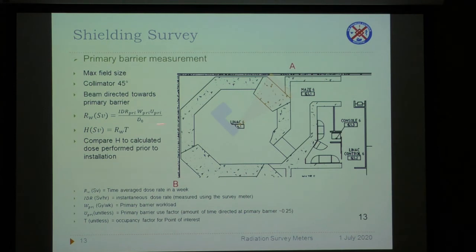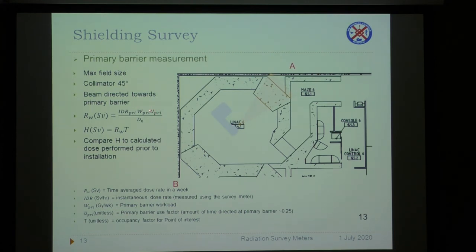Then this is the equation used. It's your instantaneous dose rate you measure, times the time-average dose rate in a week. The dose you would receive in any one week is your instantaneous dose rate times your workload, W, which is estimated when you first install the linac. It's basically how much dose you expect to be delivered to the isocenter in any one week, based on your number of patients and the types of treatments.